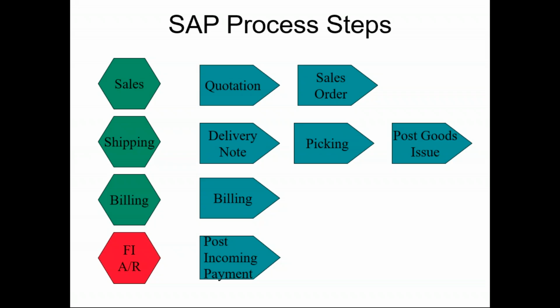And in a similar way, when you think about shipping, this is the process which will take care of creating the delivery document, which is nothing but a pre-shipping process document.